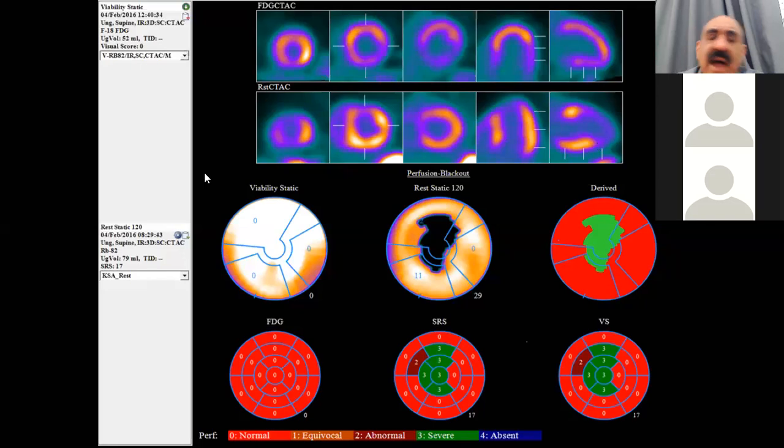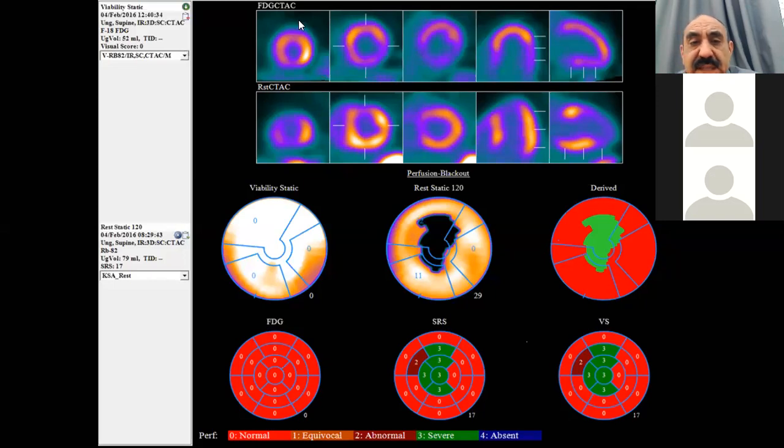And at the same time, we will inject the patient with radioactive glucose, or fluorodeoxyglucose. The glucose uptake indicates that the cells are metabolically active. And what we look for is a mismatch between the metabolism and the perfusion.